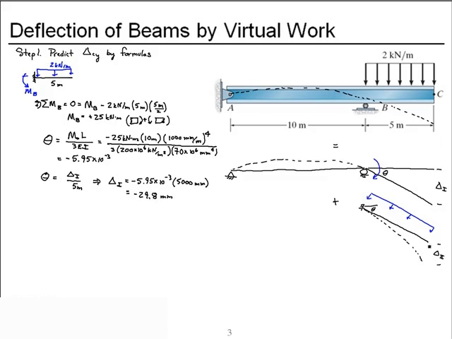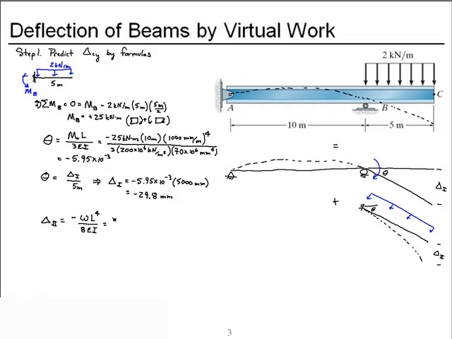Now delta 2, the normal deflection of a cantilever under uniform distributed load. And the formula on the inside of our book reads a minus the distributed load times the length of the cantilever to the fourth over 8 EI.